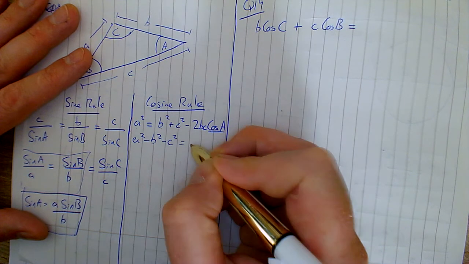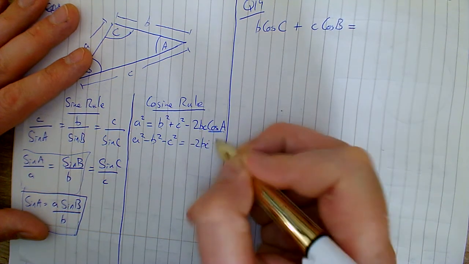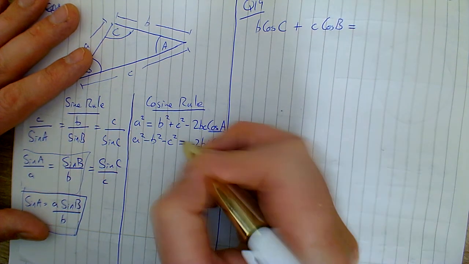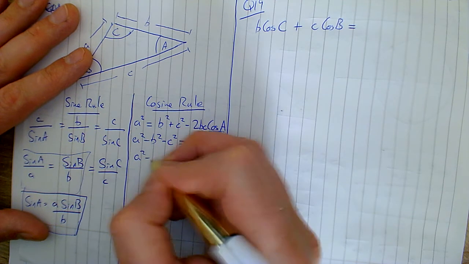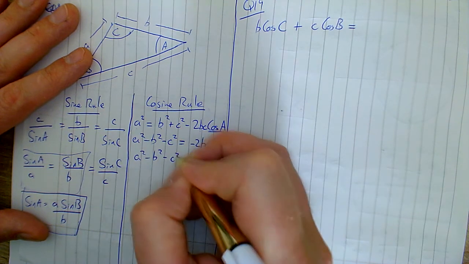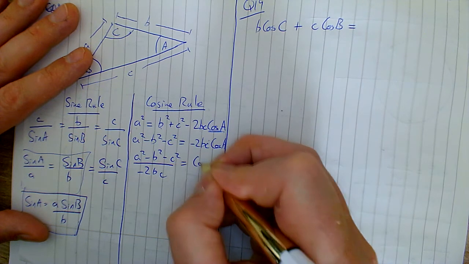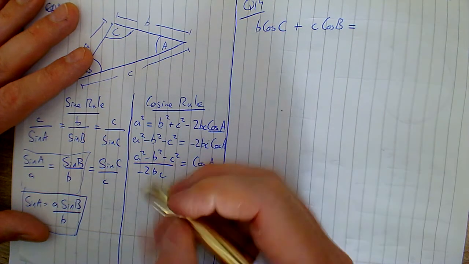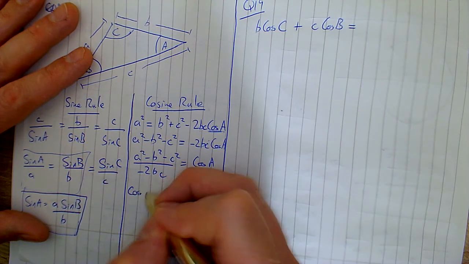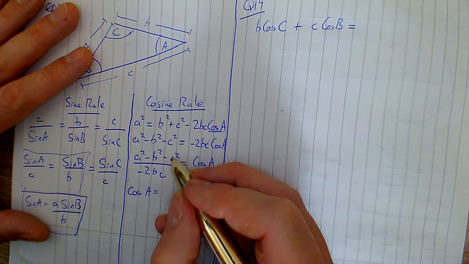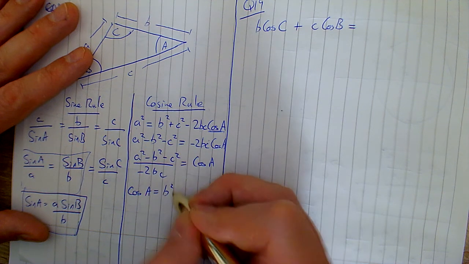Multiplying top and bottom of that left hand side by minus 1, you're going to get b squared plus c squared minus a squared over 2bc. So that's one version of the cosine rule. The log tables gives you the original version.